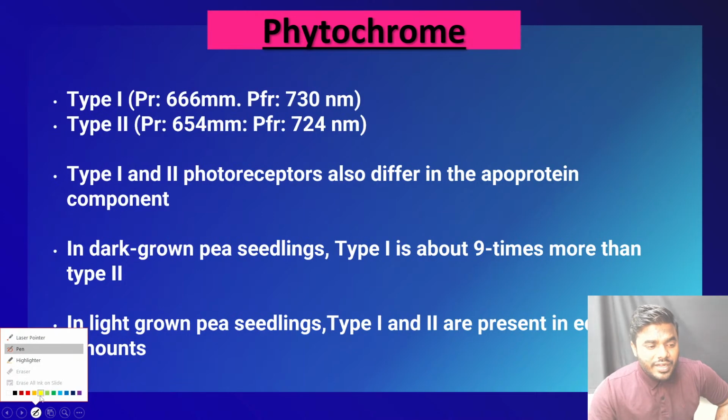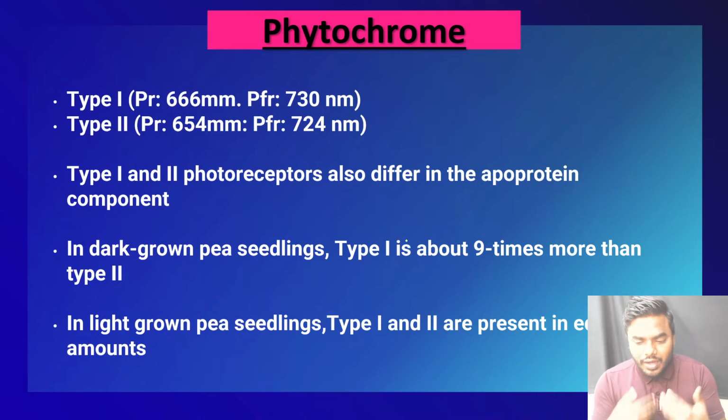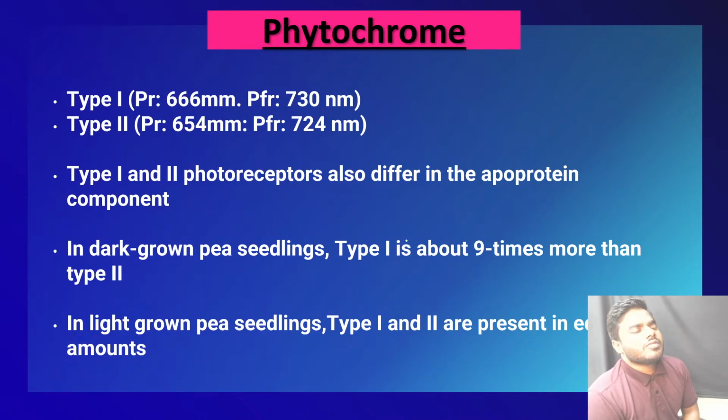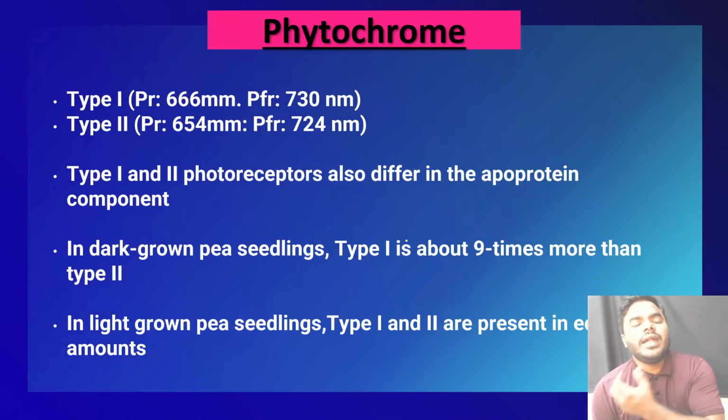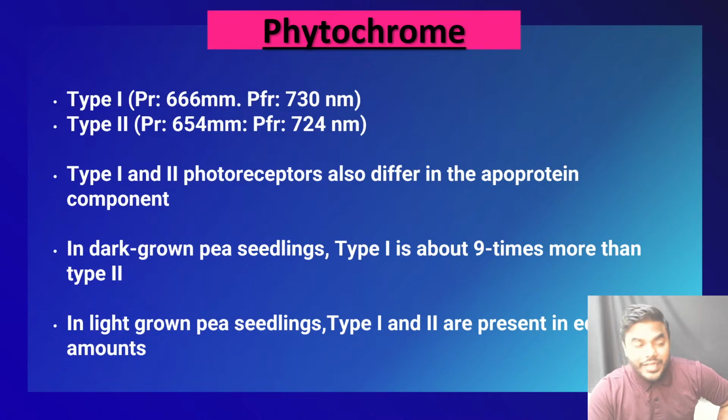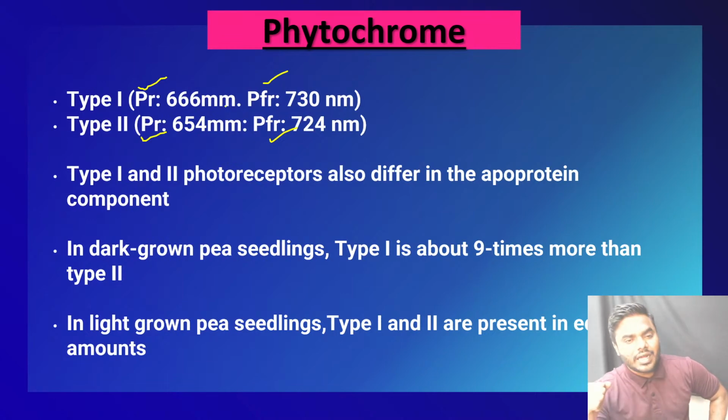In which kind of plant seedling, what type of phytochromes will be present in abundant amounts? Every one of you listen, friends. Type 1 phytochrome is exhibited in the PR form and PFR form. Type 2 is also exhibited in the PR form and PFR form. Kindly don't worry, you need not remember at what nanometers they absorb light.